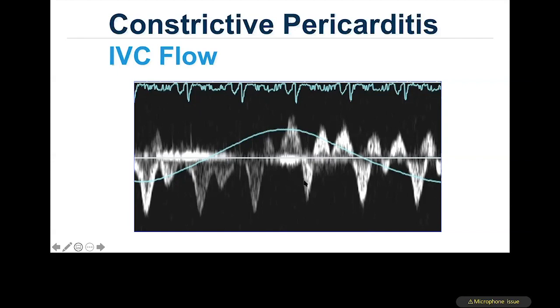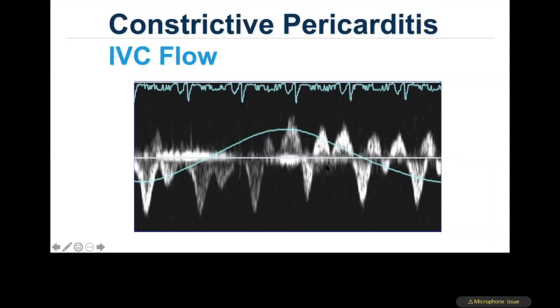So this is the systolic flow in the antegrade direction towards the IVC, followed by a systolic flow reversal. It rapidly moves up and gets moving in the opposite direction. This is an exaggerated flow reversal in the early part of systole, and also in diastole. Instead of moving forward, you're seeing a backward wave. So this is a diastolic backward wave, a flow reversal wave.